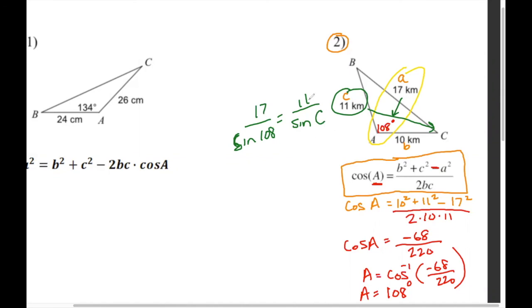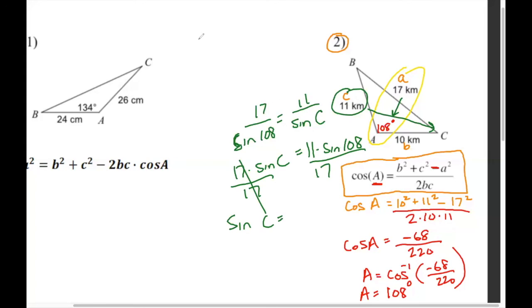Cross multiply, so we go in the direction of sine C. So 17 times sine C is this cross product, and now we have 11 times sine 108 is the other cross product. We want C by itself, which is attached to the sine function, so we're going to divide by 17 on both sides. These cancel. So we have sine C equals.